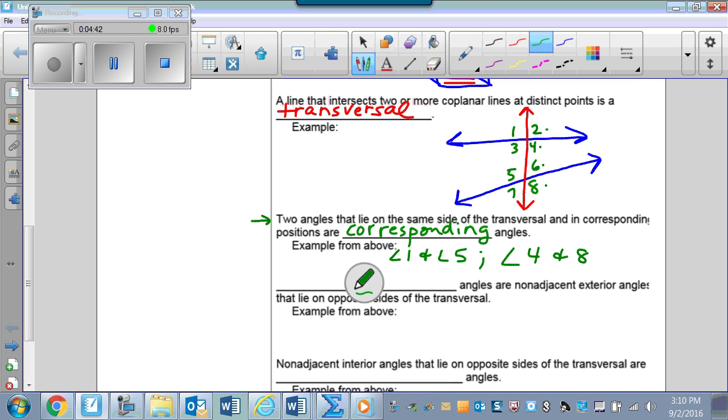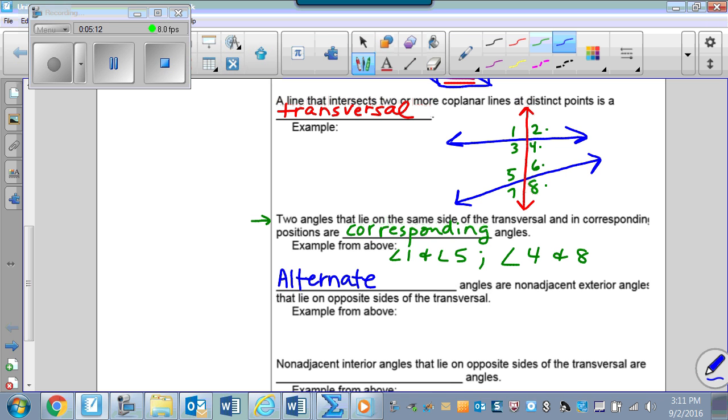All right. What kind of angle? So if we have non-adjacent exterior angles, non-adjacent, we know now what adjacent angles mean, and they lie on opposite sides of the transversal, then those are alternate exterior angles.